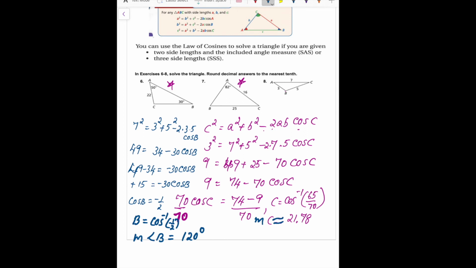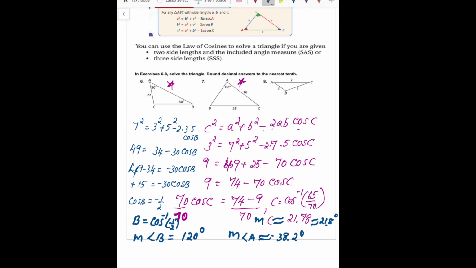So 180 minus these two quantities, and measurement of angle A would be 38.2 degrees, approximately, if you take this as 21.8 degrees. So if you add all these three, you will get 180 degrees.